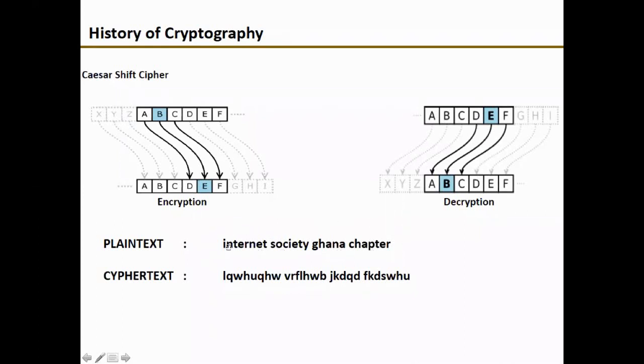You replace I with L, because there is a shift: I, J, K, L. Then N, O, P, Q: N is shifted by 3 places to the right, and so it becomes Q. Likewise, all the characters in this plain text are shifted and represented by a new text, which has no significance unless you know that for every letter I find in the cipher text, I have to do a left shift of 3 letters.